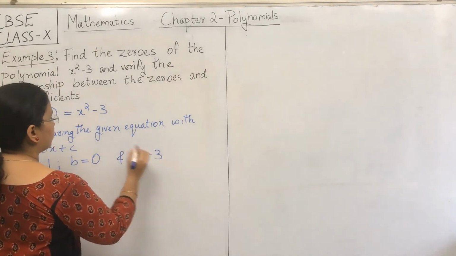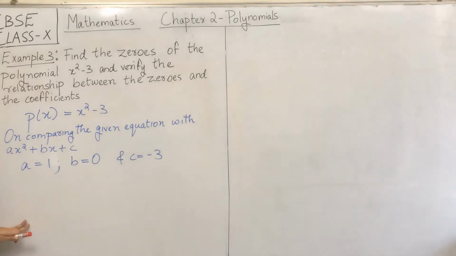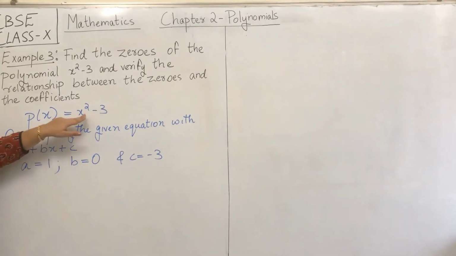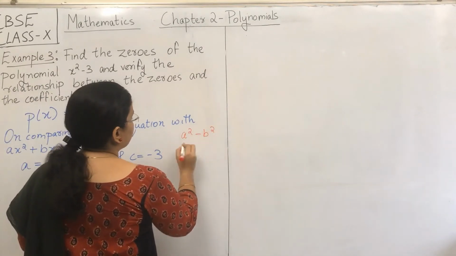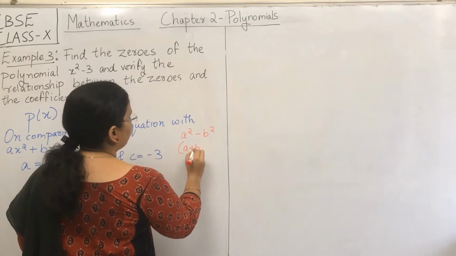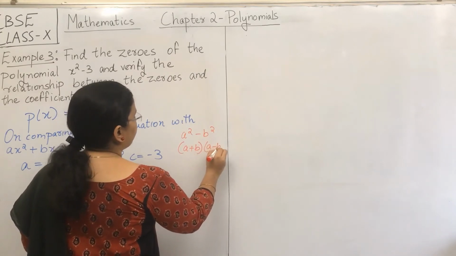c equal minus 3. Right? Now, when we look at this equation, this is similar to a square minus b square, which is equal to a plus b into a minus b.